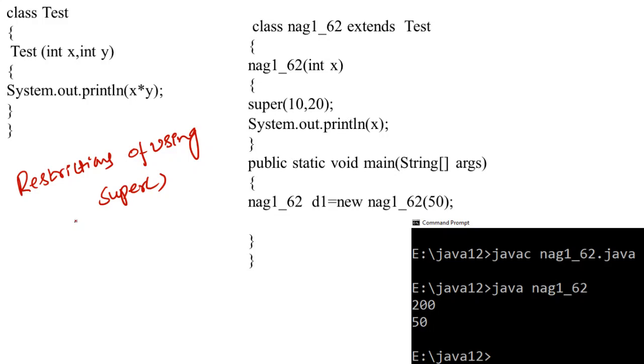What is my first restriction? If the super method exists, and I already discussed this point in the single inheritance class, it must be the first statement in the constructor. Just see, this is the subclass constructor. Which one is the first statement? The super method is the first statement.